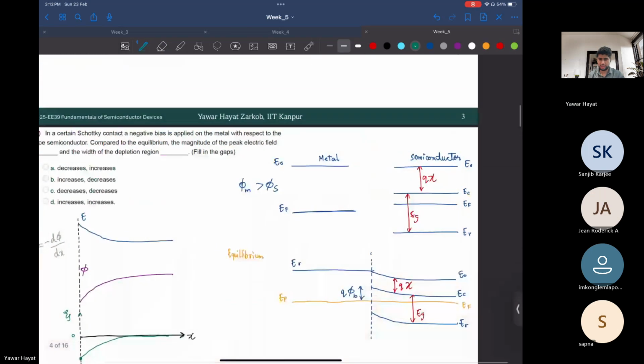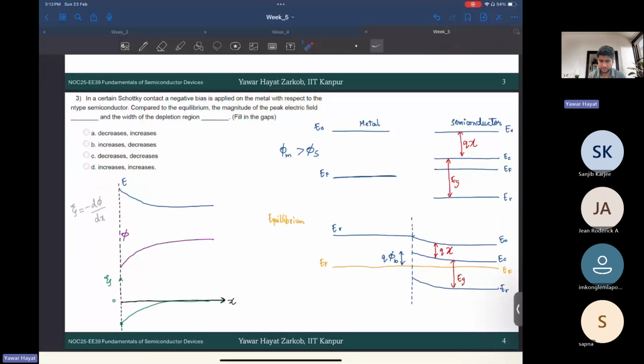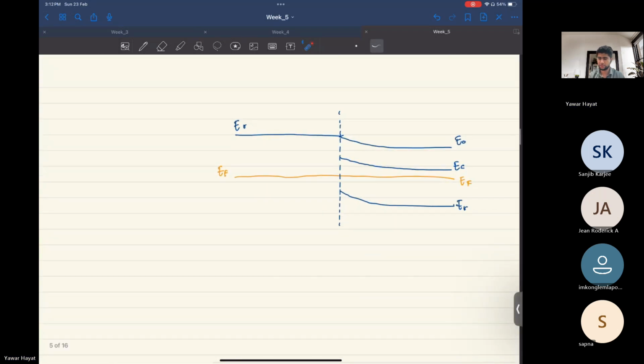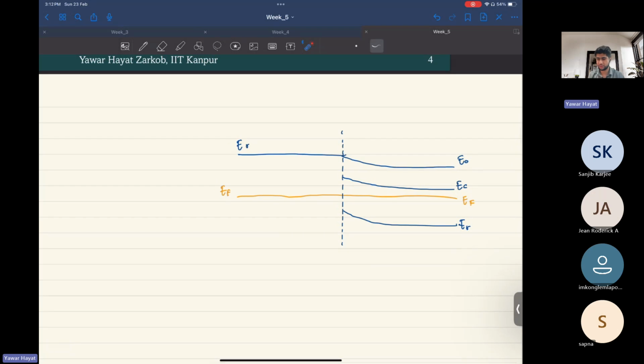Now, I just mentioned that in the question it was given that for this Schottky contact, we are applying negative bias at the metal with respect to the n-type semiconductor. So that is as if you apply positive bias at the n-type semiconductor. And what happens to the bands when you apply a positive potential? Should I move them upwards or downwards?